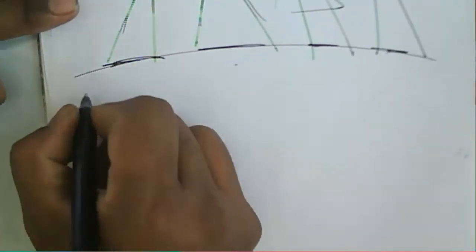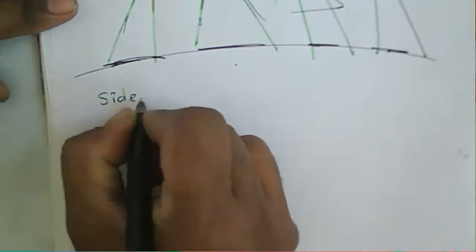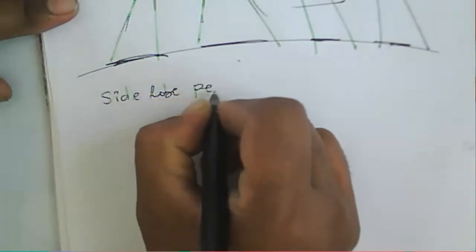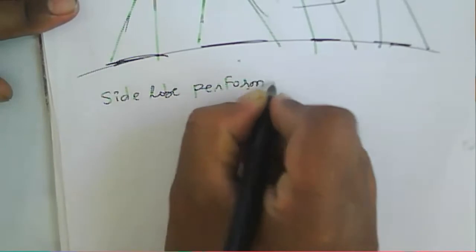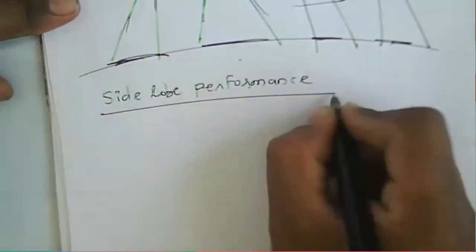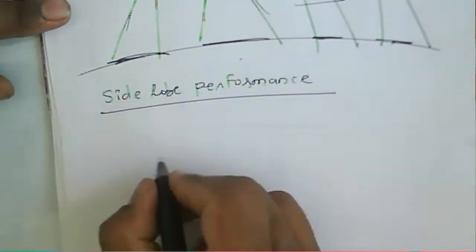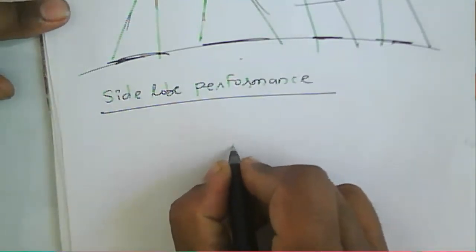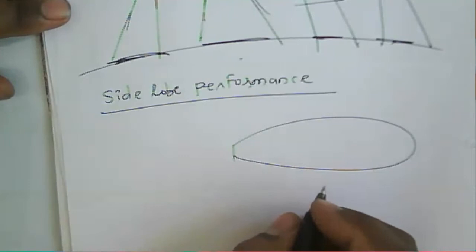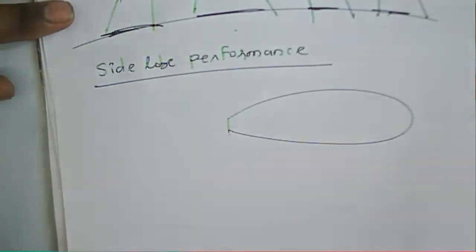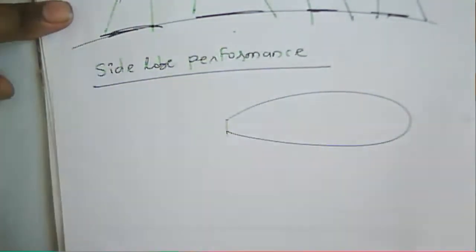And then another parameter we need to consider is side lobe performance. In the case of side lobe performance, generally an antenna has a main radiation pattern, and along with that some side lobes occur.